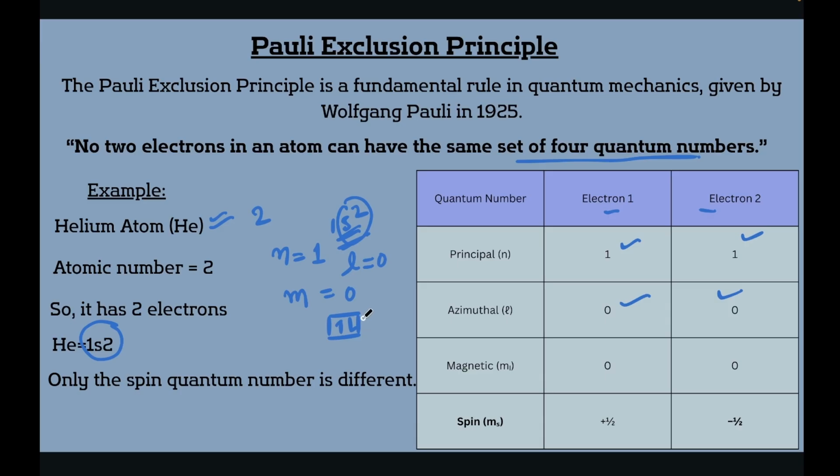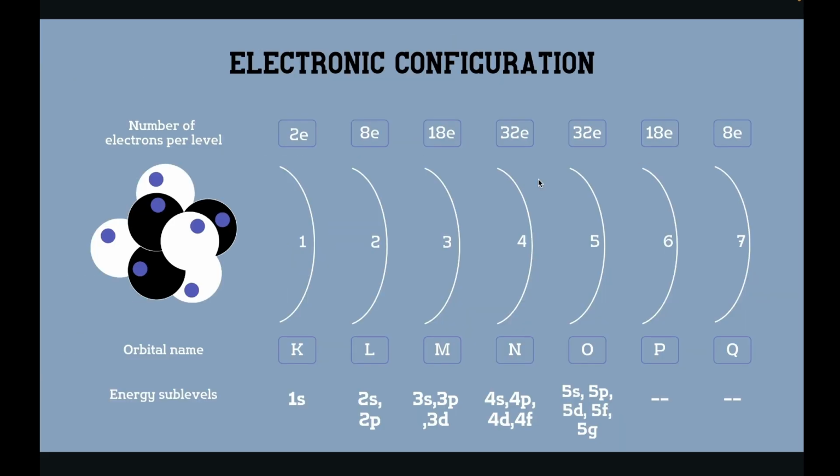So as we saw that all three quantum numbers are same for both the electrons, but the fourth quantum number was different.